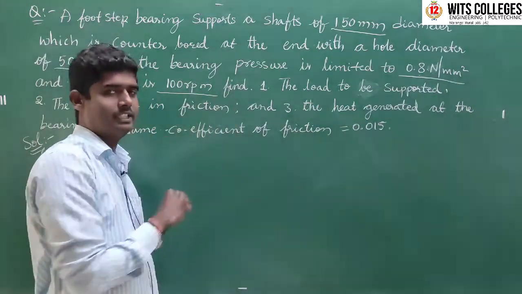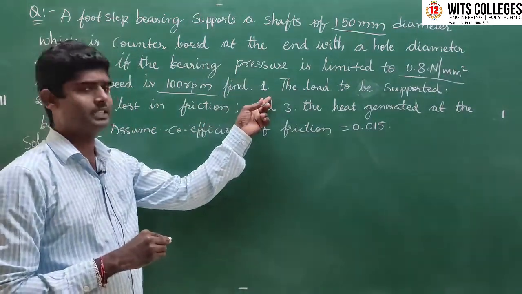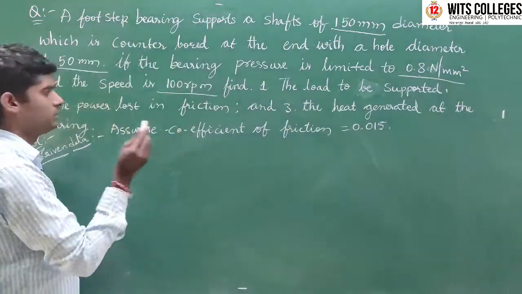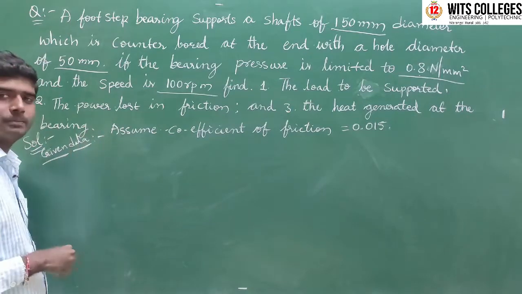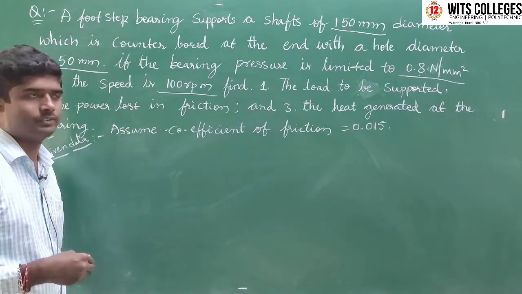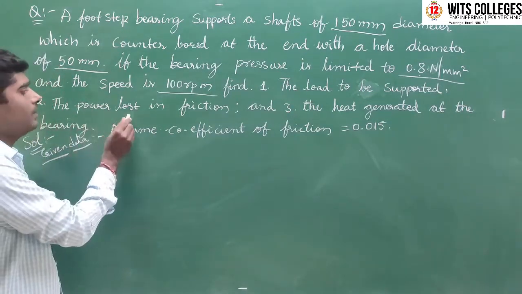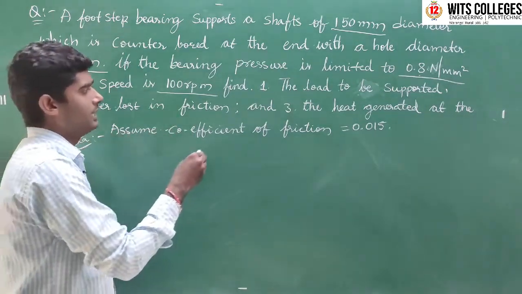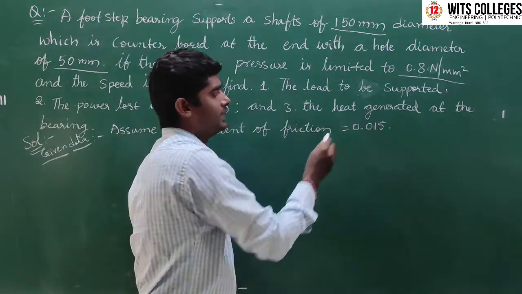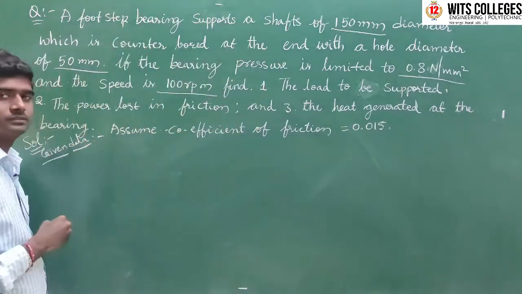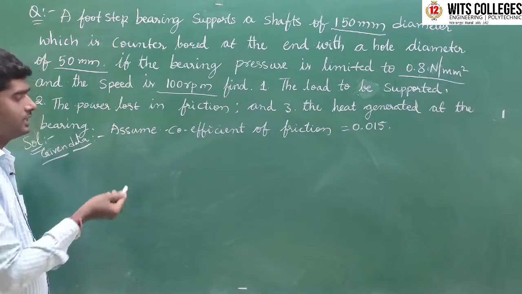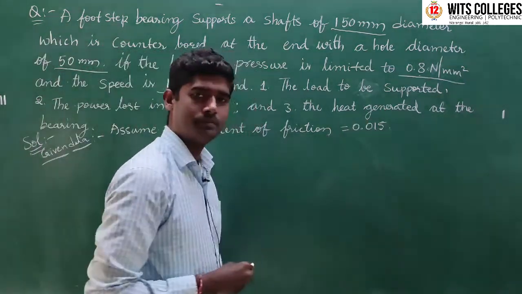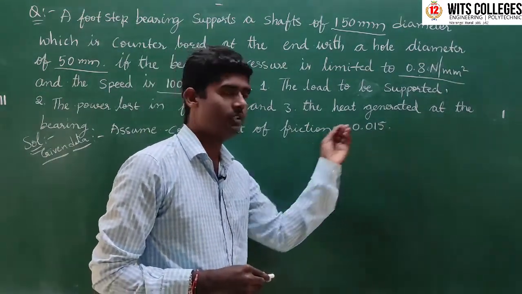There are three things to find. First, the load to be supported, W. Next, the power lost in friction, and the heat generated at the bearing. Assume coefficient of friction mu equals 0.015.